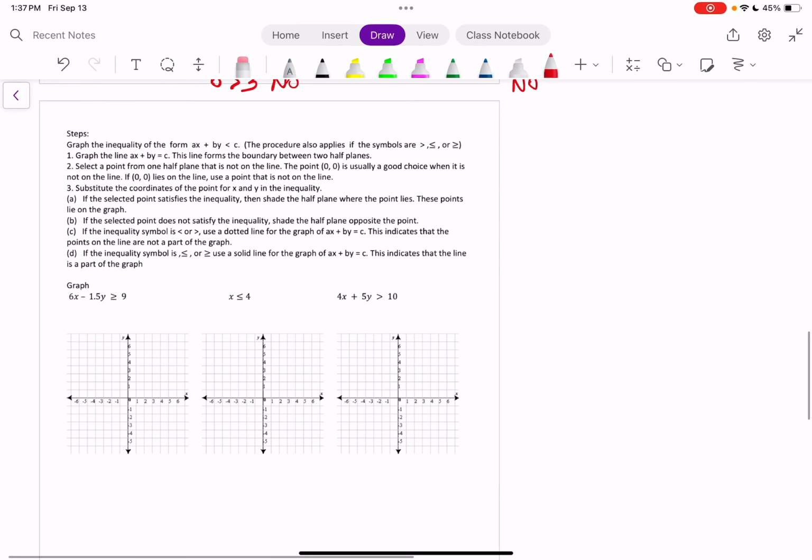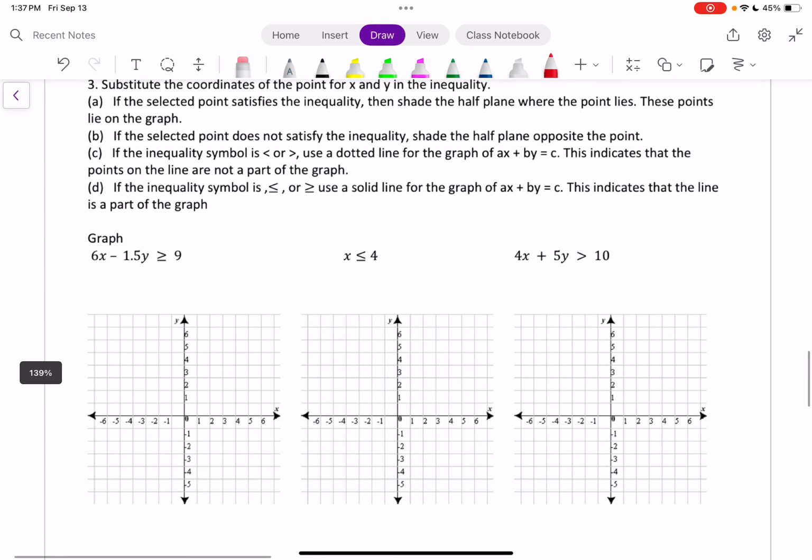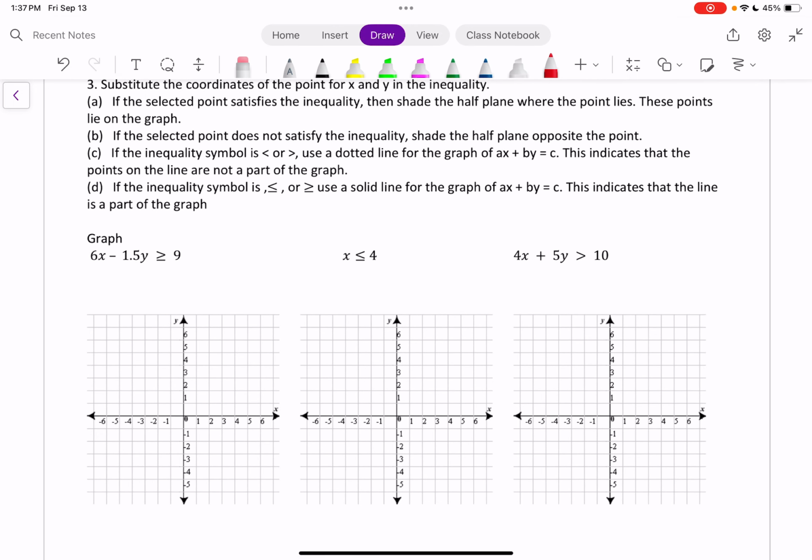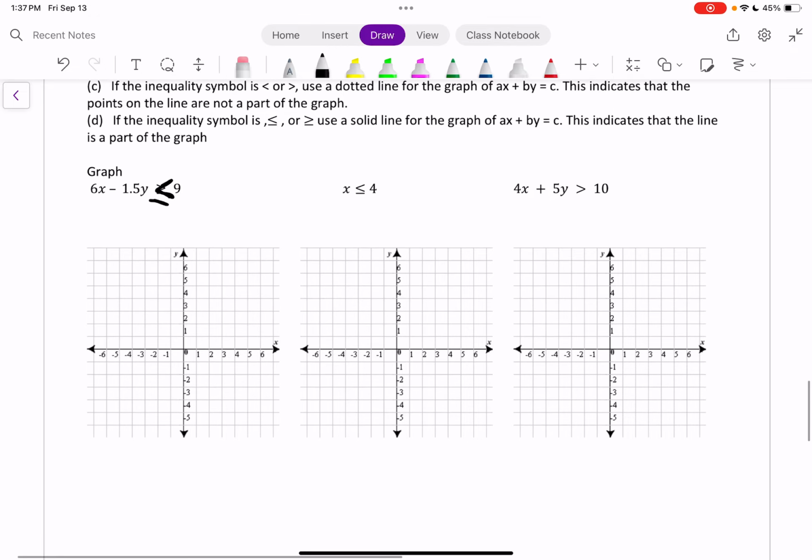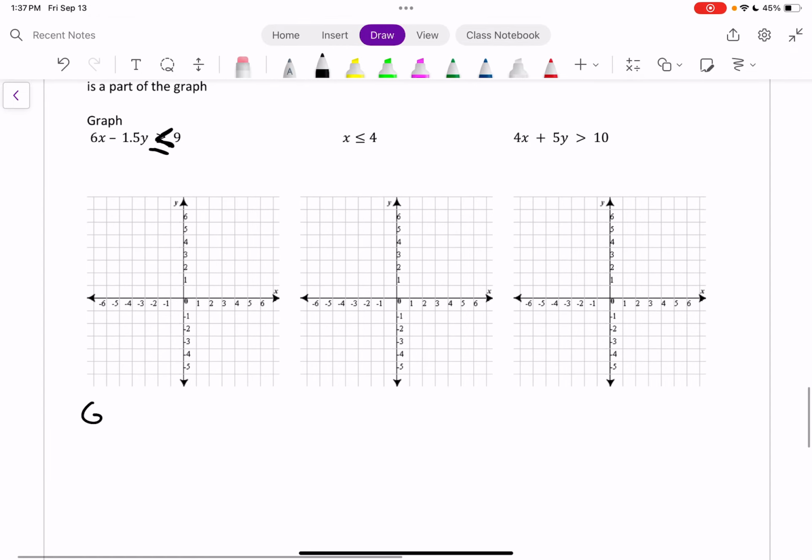So here are just a few more, and I realized that I made pretty much all greater than, so just to make sure we mix up the problems, I'm going to put a less than. So one more time, make it an equal sign to draw your boundary line.